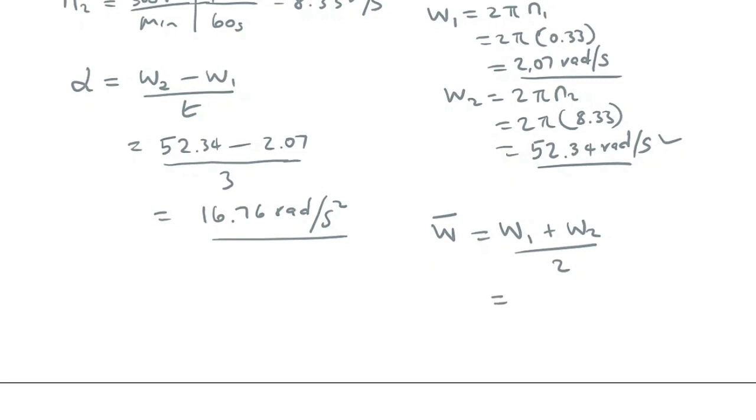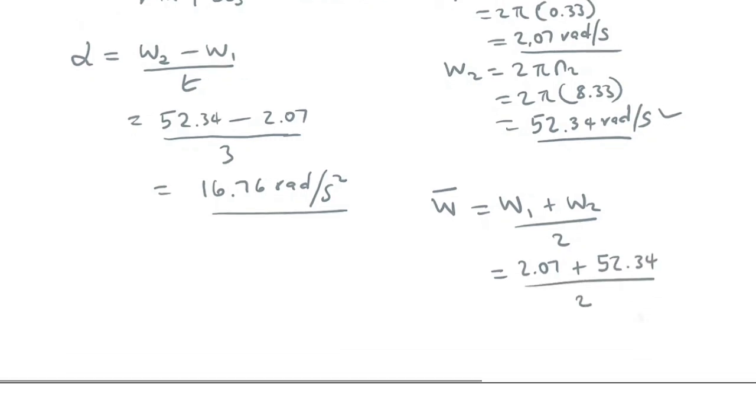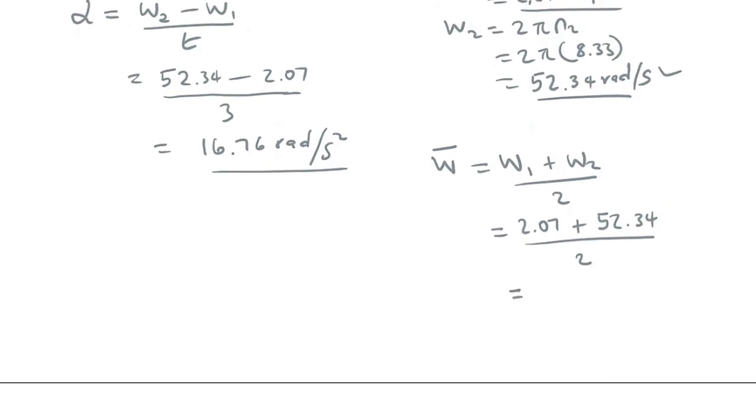Then you put angular velocity 1, which is 2.07, plus angular velocity 2, which is 52.34, divided by 2. This will give 27.21 radians per second. That's the average angular velocity.